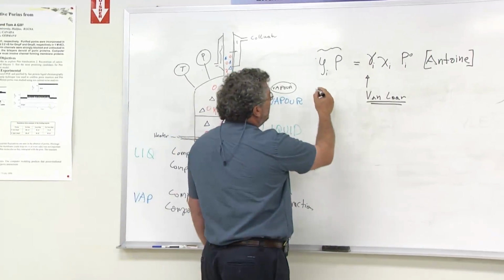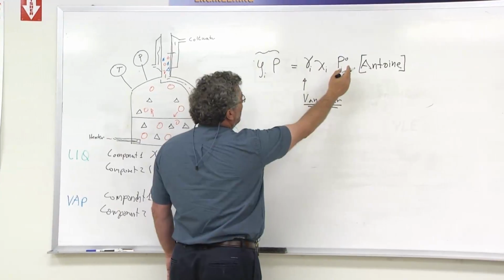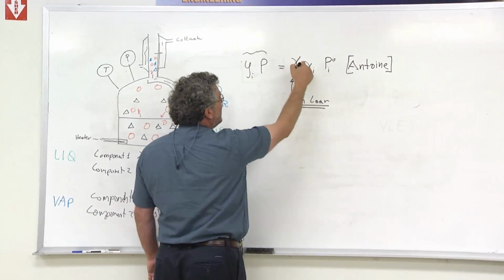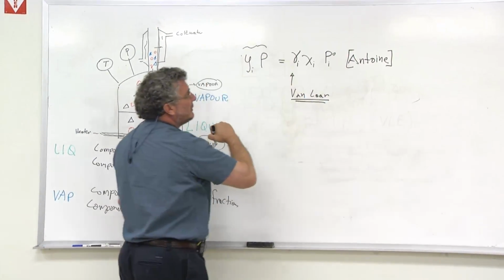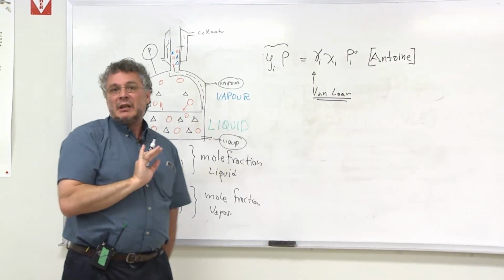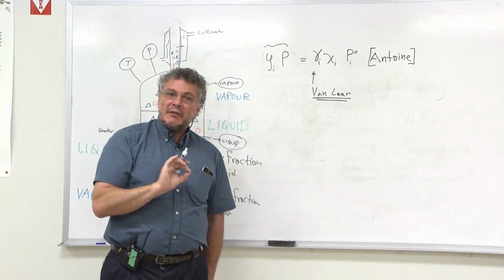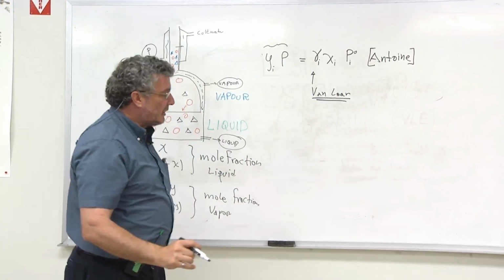This particular equation can be fit with any kind of activity coefficient, but we are particularly going to use the Van Laar equation because it's easy to use for systems that have an azeotrope, which is what we're going to try to study here.